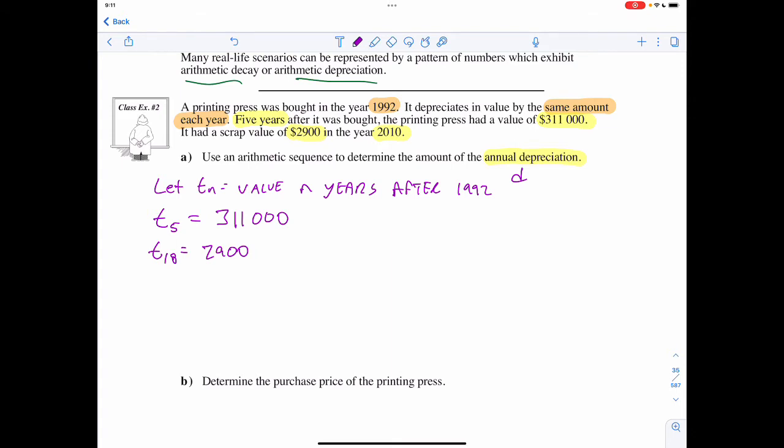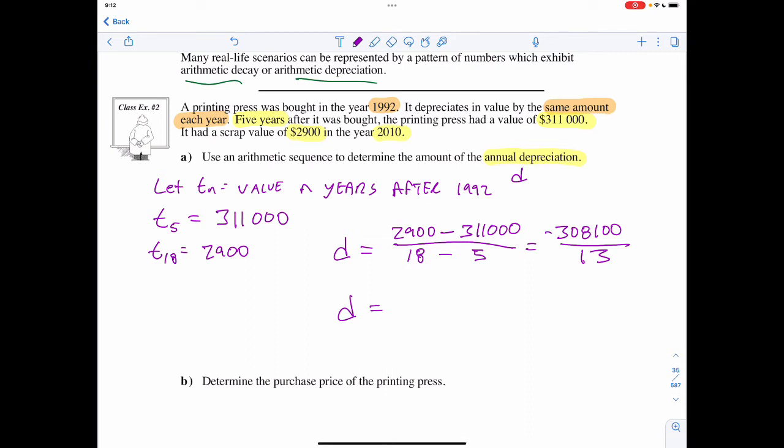If that's true, then I can say that the common difference would equal 2,900 minus 311,000 divided by 18 minus 5. Which means that negative 308,100 is how much it changed by in 13 changes.